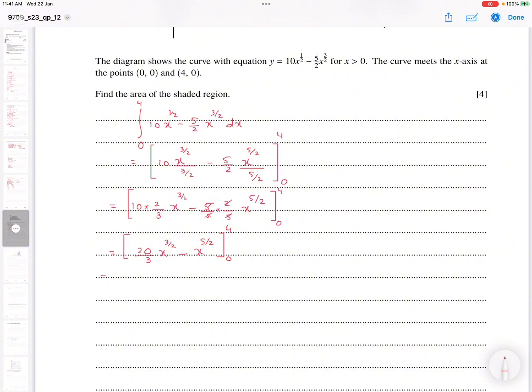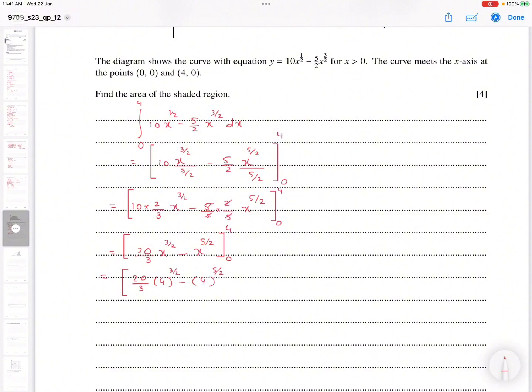So now upper limit minus lower limit. Wherever you see the x, you place 4, which is your upper limit. So 20 by 3, 4 power 3 by 2 minus 4 power 5 by 2.